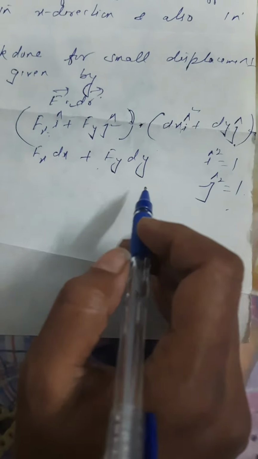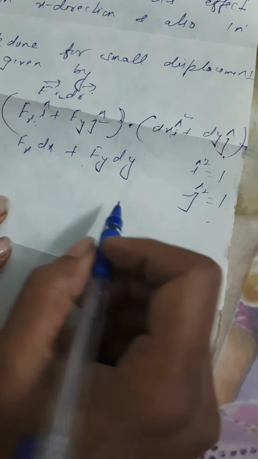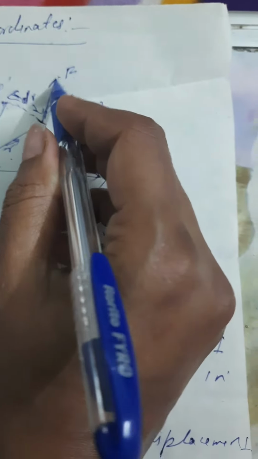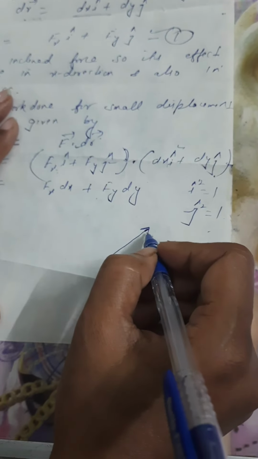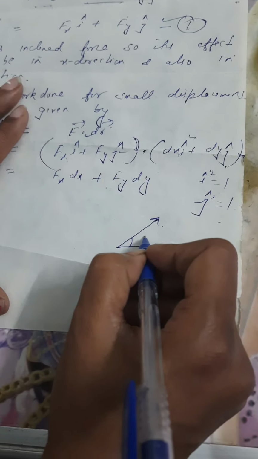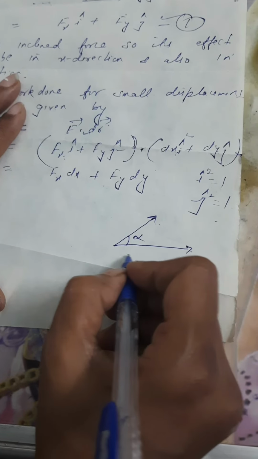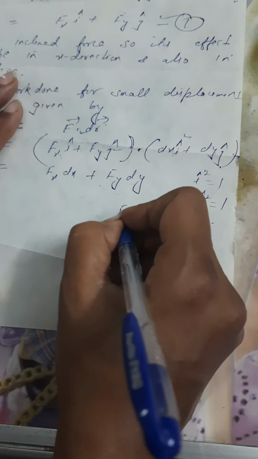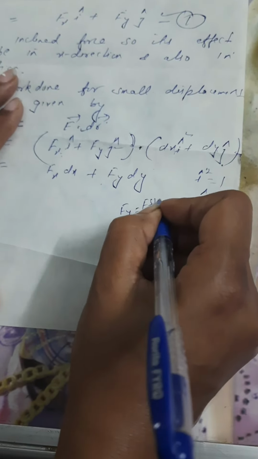Now see here, this is the angle alpha along the line of action of force. This is the force, inclined at an angle alpha, and this is the x direction.